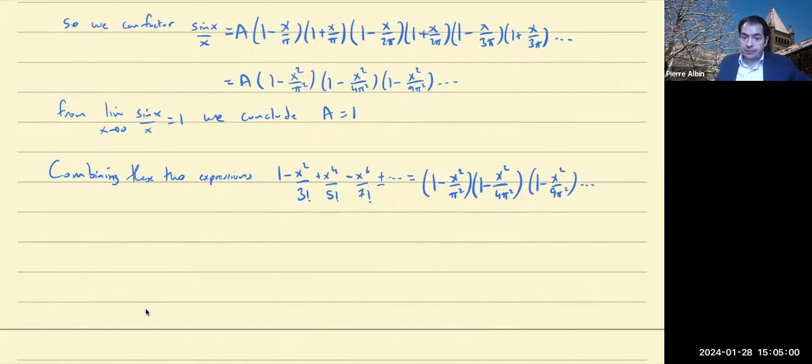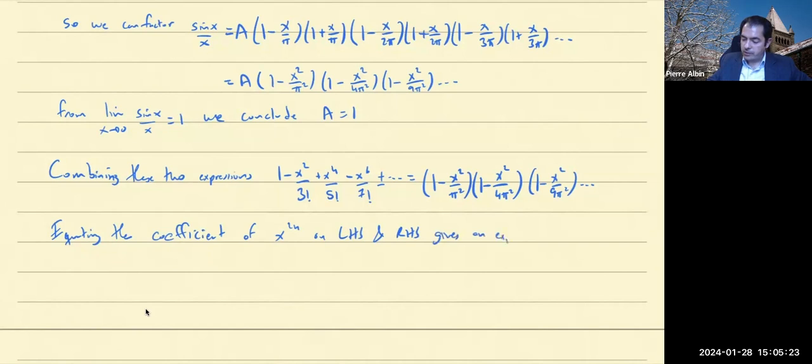Right, so equating the coefficient of x to the 2n on the left-hand side and right-hand side gives an expression for the sum of 1 over k to the 2n.